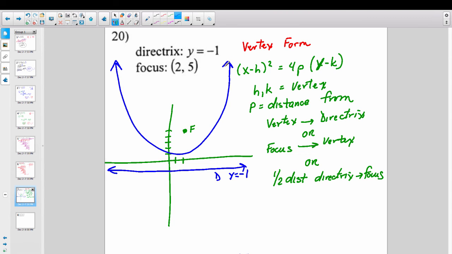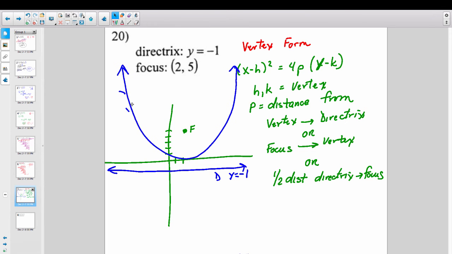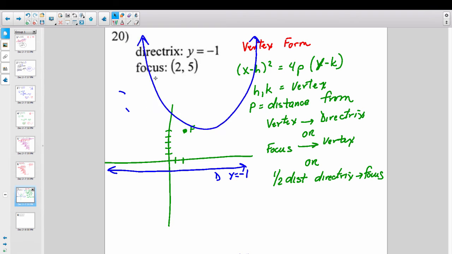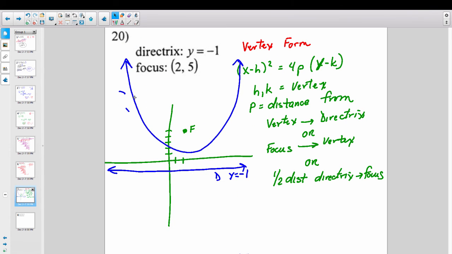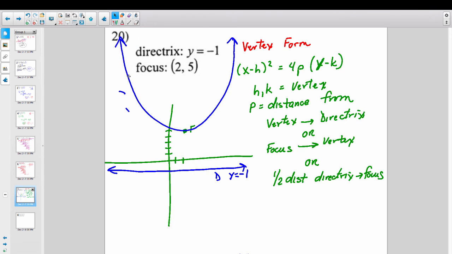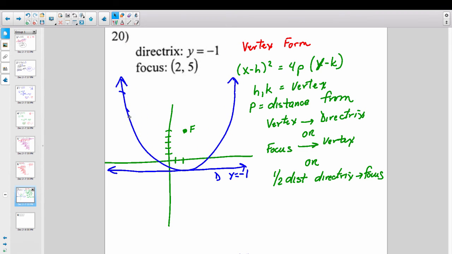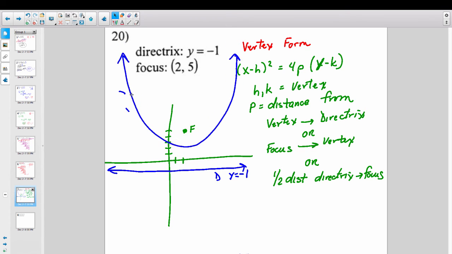So this is a hideous drawing, but let me see if I can move it over a little bit. Here we go. Okay, so where does this parabola land? It's going to be somewhere halfway from the focus to the directrix. So halfway.